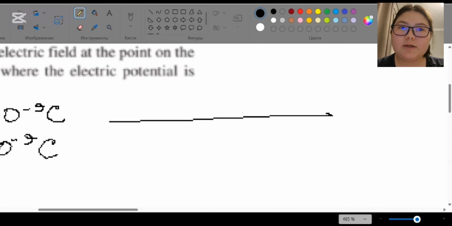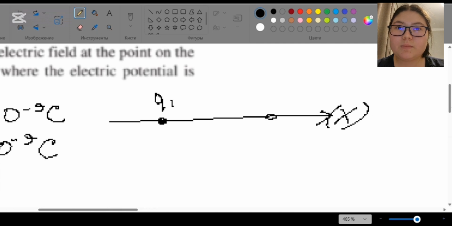So we have the x-axis. We have 2 point charges, and we know that they're 15 centimeters apart.